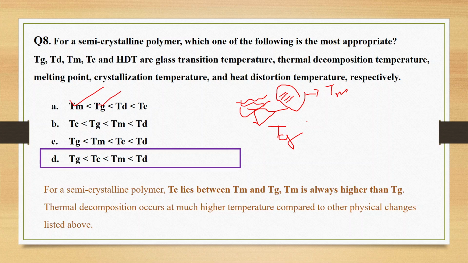In both cases, you are giving temperature to take it from a hard or stiff state to a more flowy state. So in which case is it more stiff, the crystalline domains or the non-crystalline domains? Obviously the crystalline domains are much stiffer, because they are much more arranged.